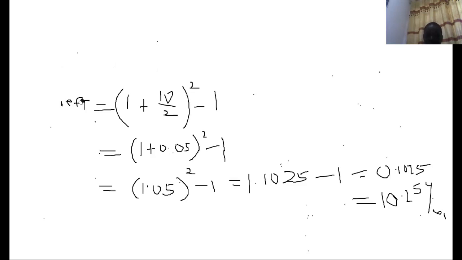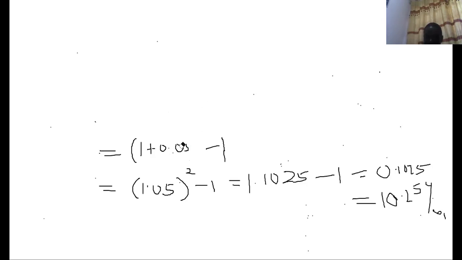So all you have to do is to introduce your F in the formula, whether it's a future value formula or annuity formula, such as amortization or sinking fund. All you need to do is to divide the rate by the frequency.